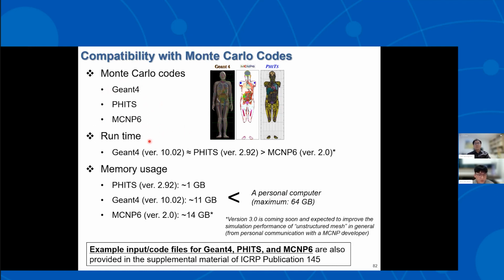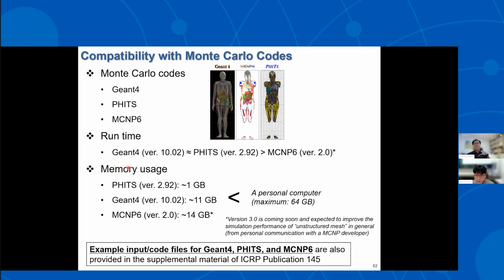During the observation, we used Geant4 version 10.02, PHITS version 2.92, and MCNP6 version 2.0. Overall, in runtime, Geant4 and PHITS are quite comparable. However, MCNP6 is notably slower than the other codes.